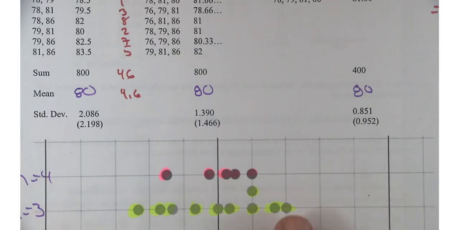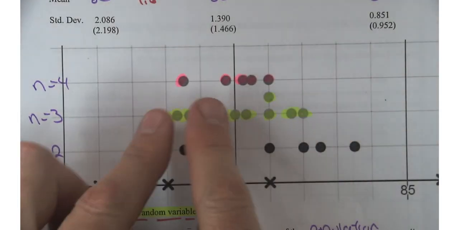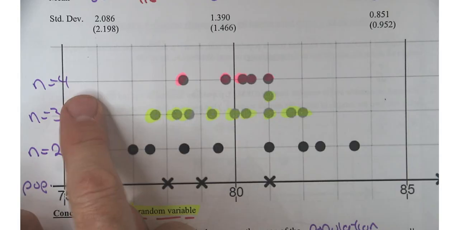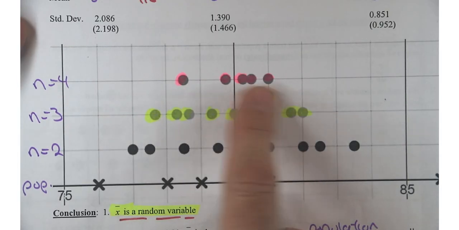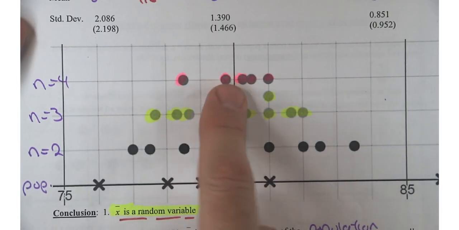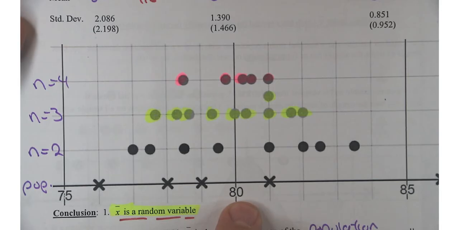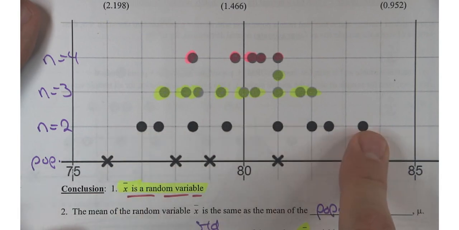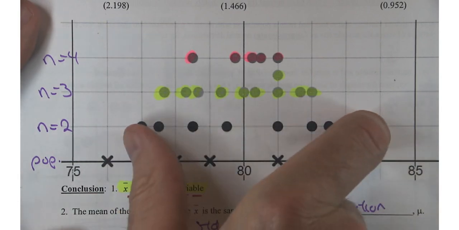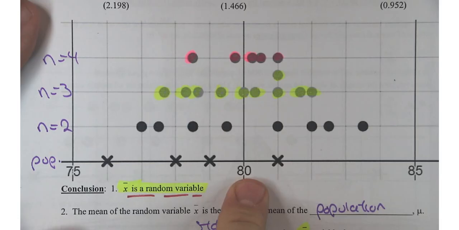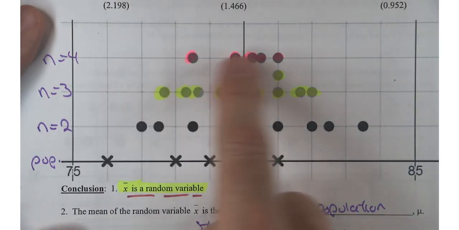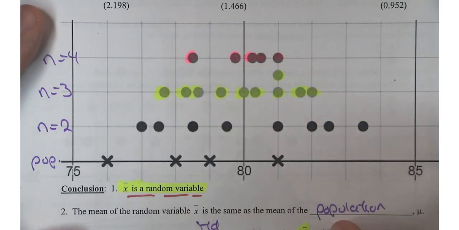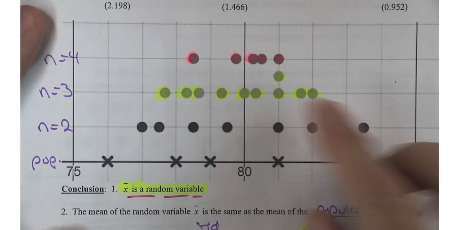If the standard deviation is decreasing, that means samples based off of a larger sample size are more likely to be close to the true population mean than samples based on a smaller sample size. With samples of size 2, you're not necessarily going to get very close to the actual population mean of 80. Whereas with samples of size 4, you're likely to be very close to the correct population mean.